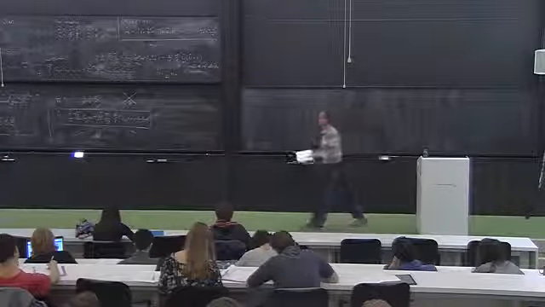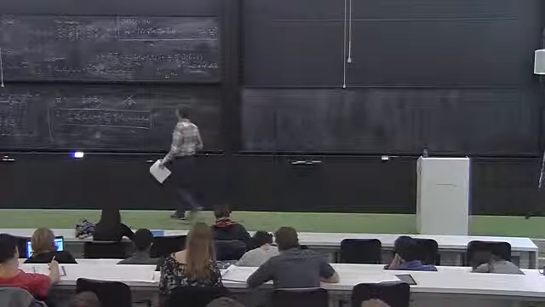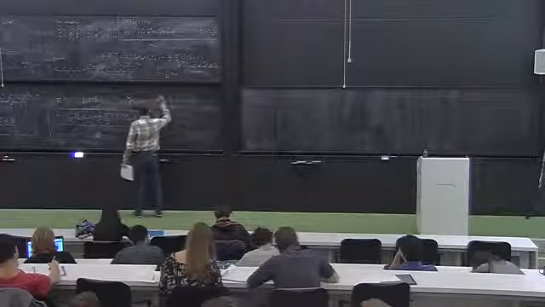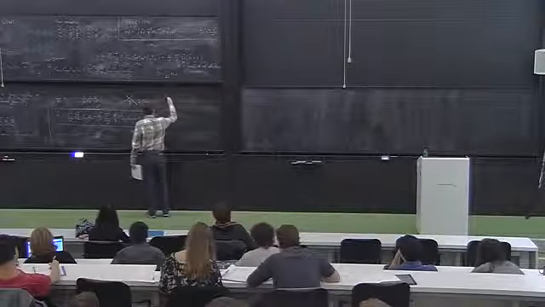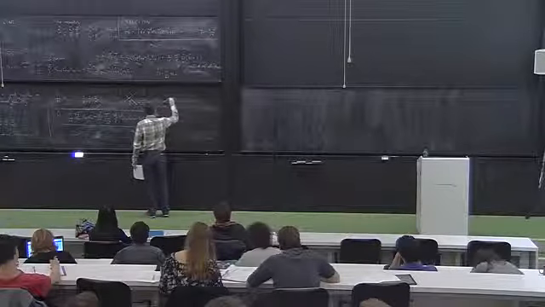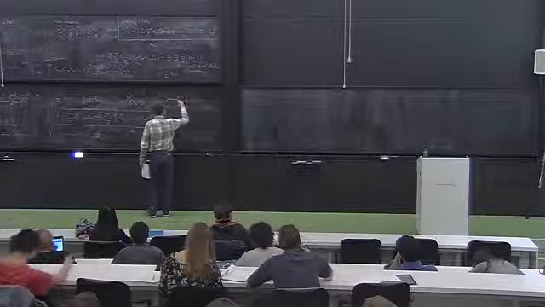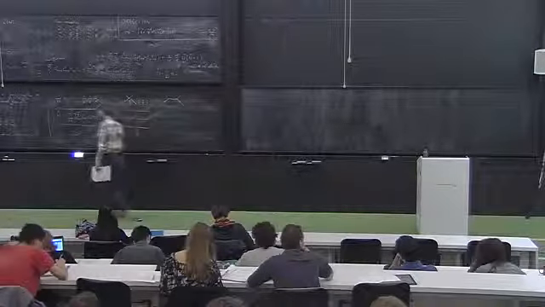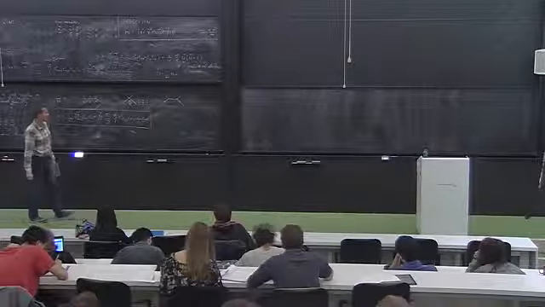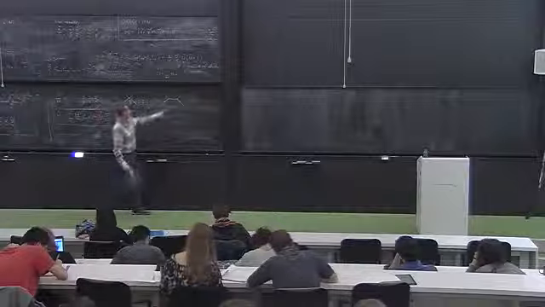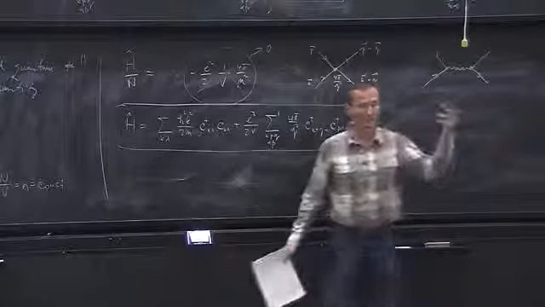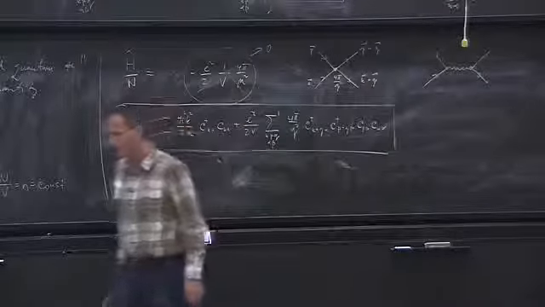And for those of you who studied quantum electrodynamics, this corresponds to the Feynman diagram that you looked at in quantum electrodynamics, where in that case this would be a photon that mediates that Coulomb interaction.